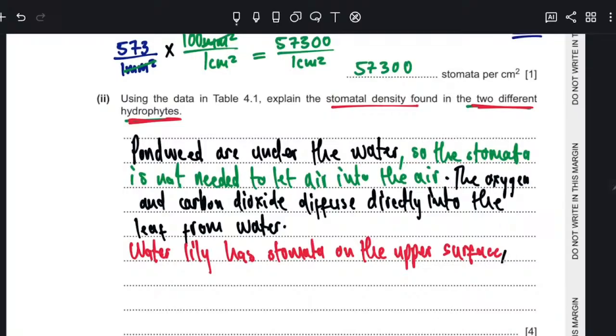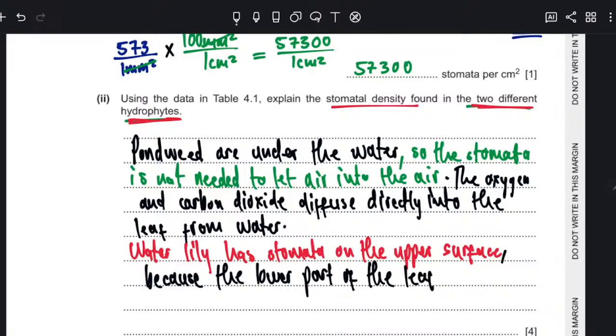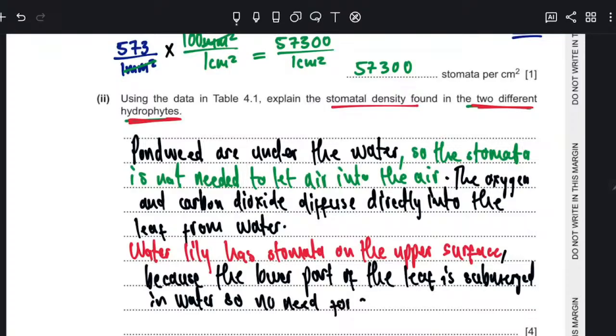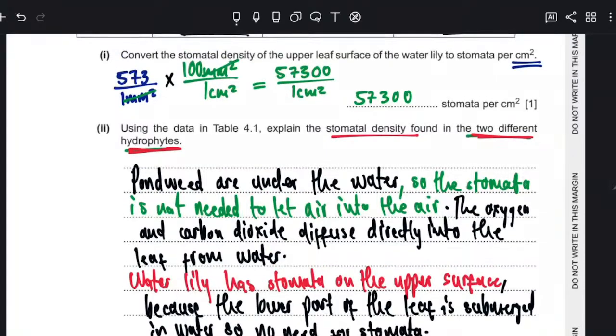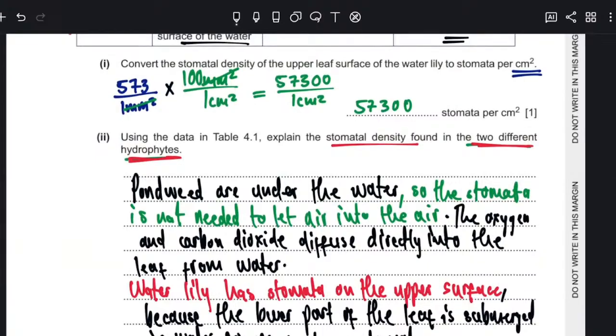Because the lower part of the leaf is submerged in water. So, no need for stomata. Done. That's what it was checking.